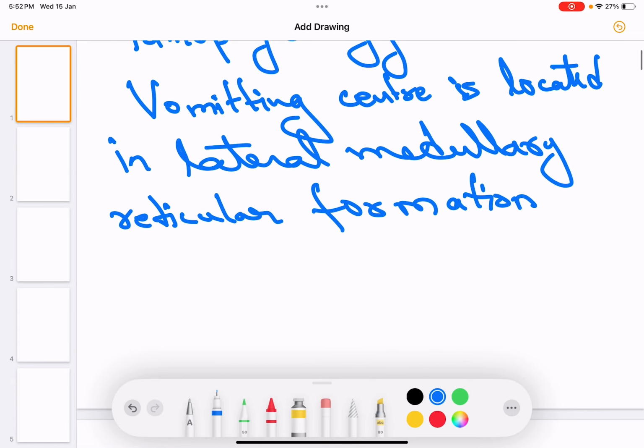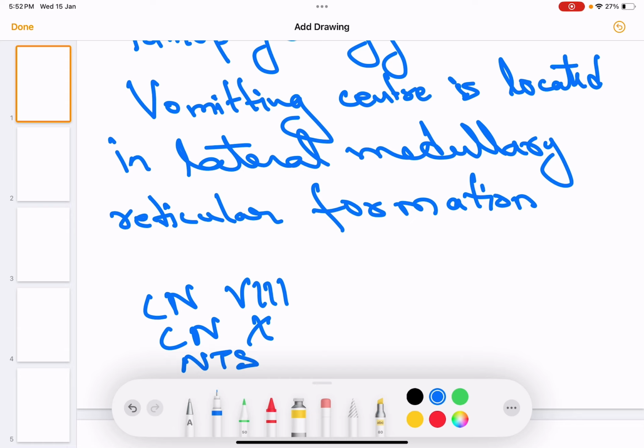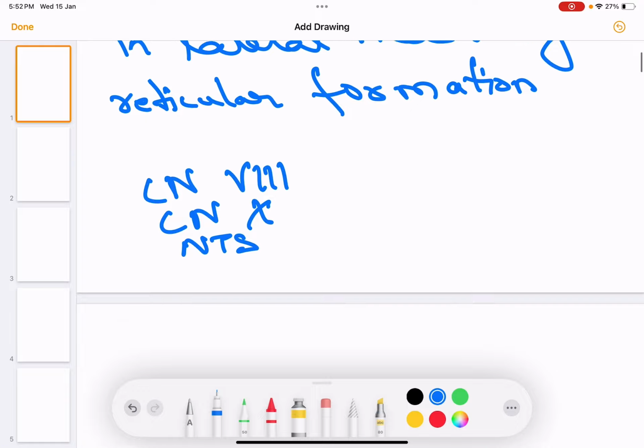Now the vomiting center coordinates the act of vomiting with cranial nerve 8, cranial nerve 10 and the nucleus of tractus solitarius. So with these three it coordinates the act of vomiting.